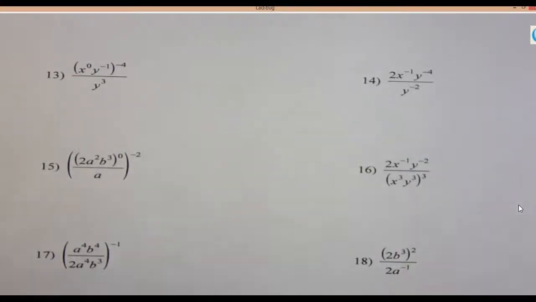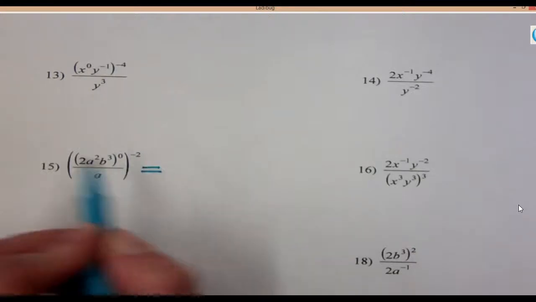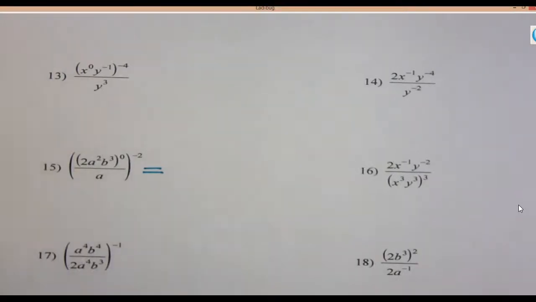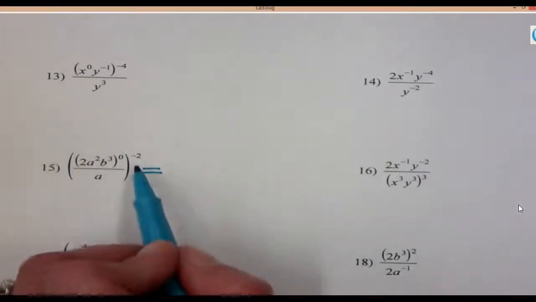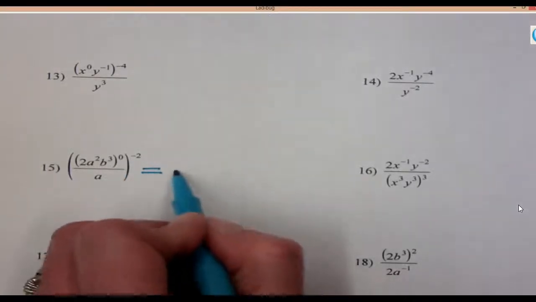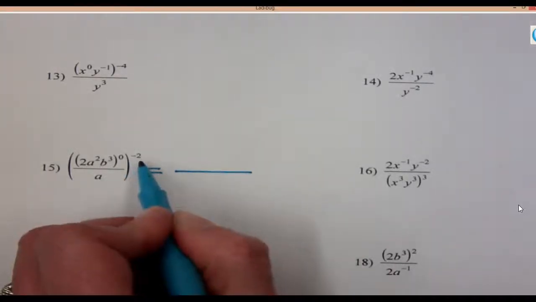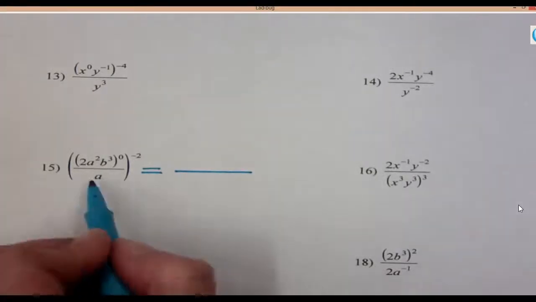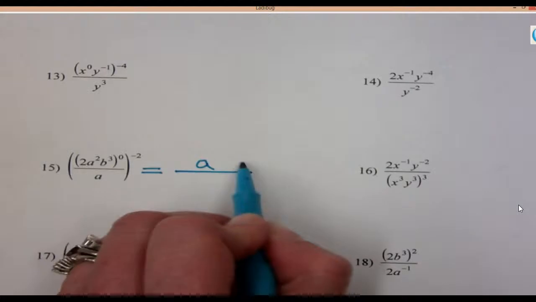So I'm looking at this, and I'm like, okay, this is to the -2. All of that, I'm going to start from the outside and work inwards. So automatically I know to get rid of this negative, I need to flip this whole thing upside down. So the a is going to go on top.